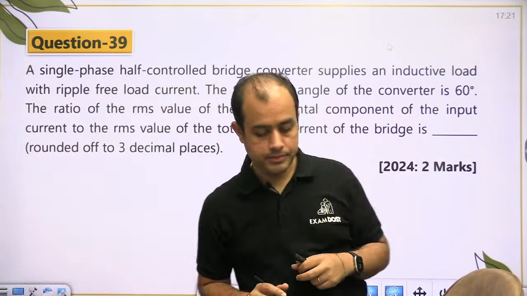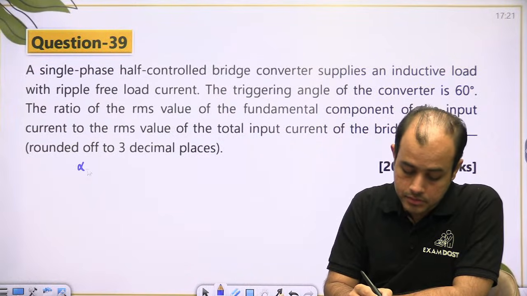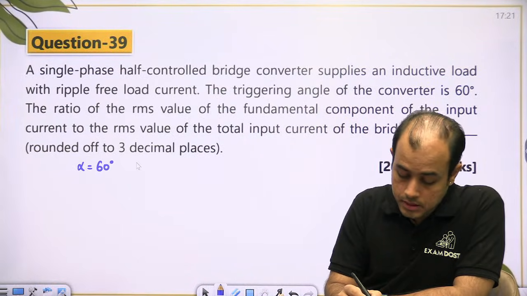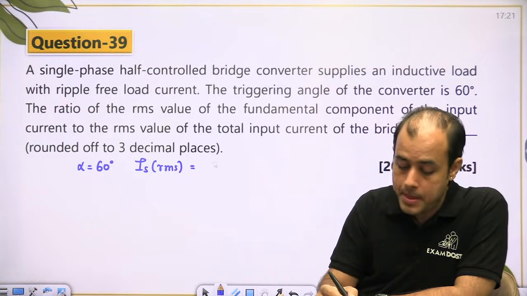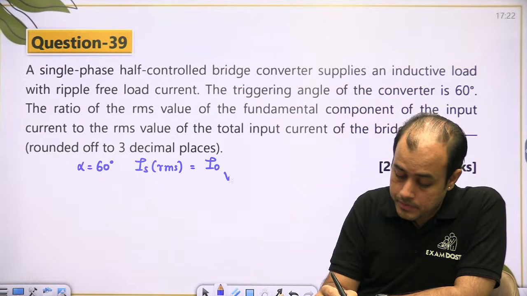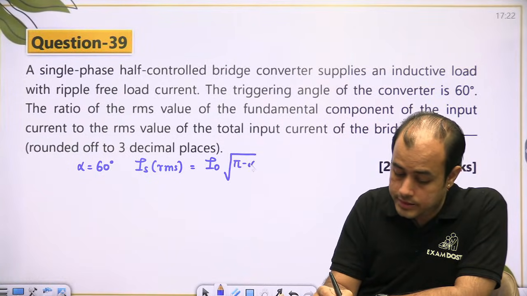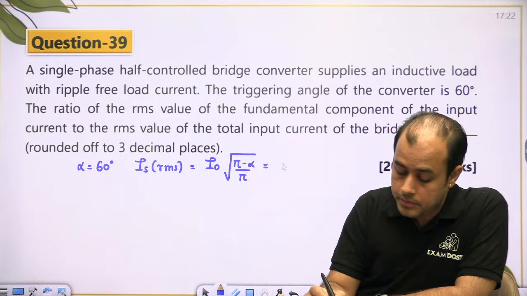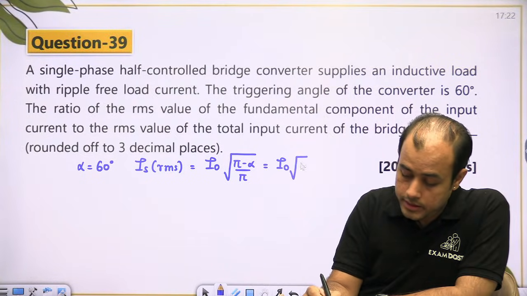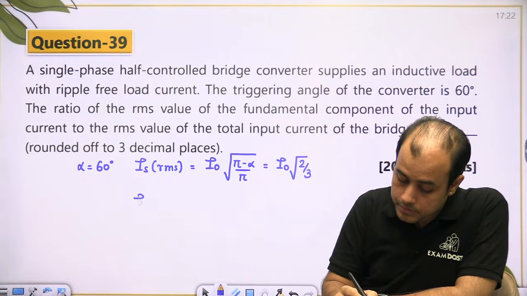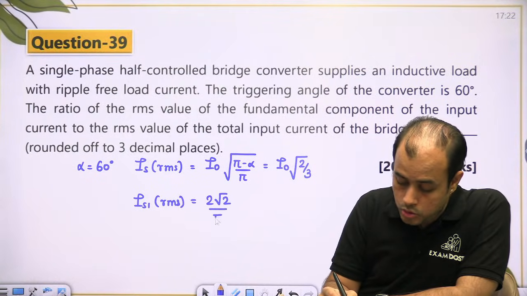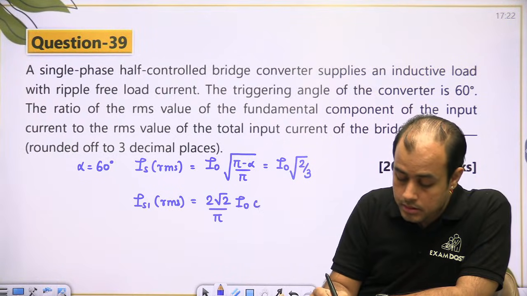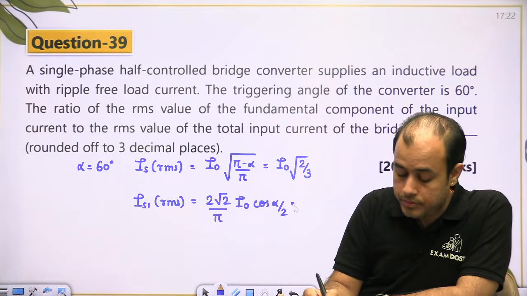Point 4843. Now when alpha is 60, it is a single phase converter. It will be this. 2 root 2 by pi I naught cos alpha by 2.